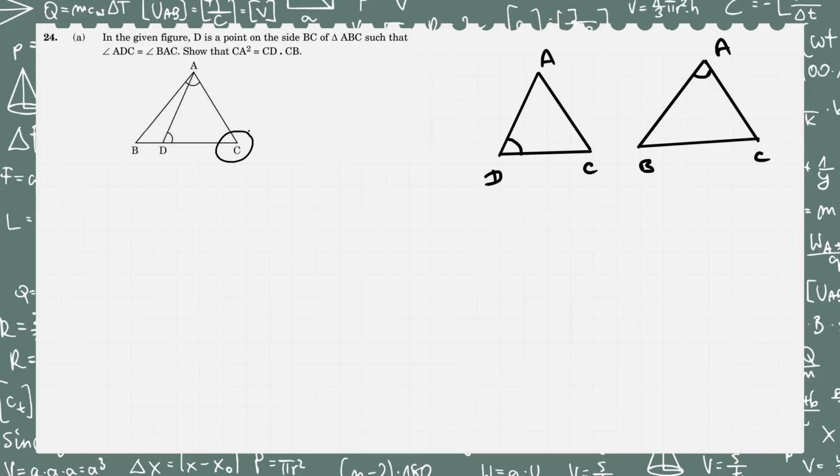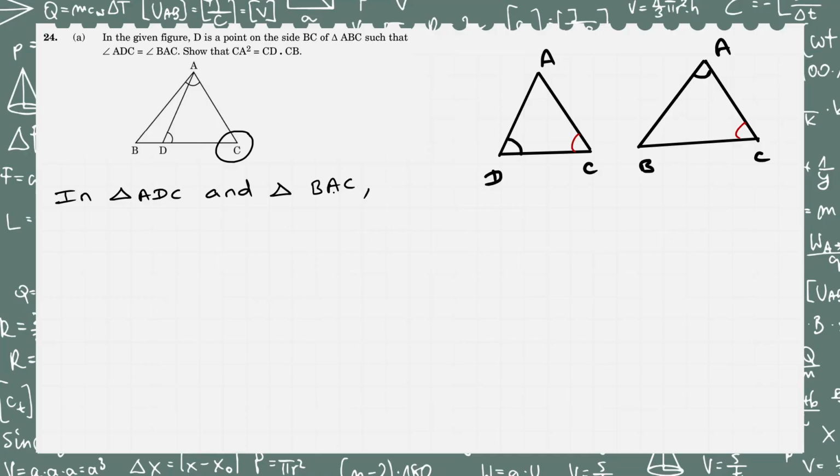Look at this angle at the vertex C. This C vertex is the same common vertex for both the triangles we have drawn here, right? So naturally that will have the same angle. So whatever is angle ACD will be the same angle ACB. So two angles are made equal to each other, and that's enough to prove there is a similarity between the triangles. Let us see how to prove it.